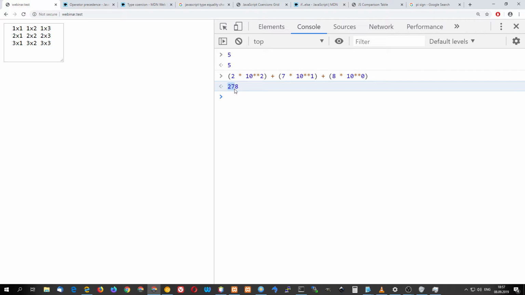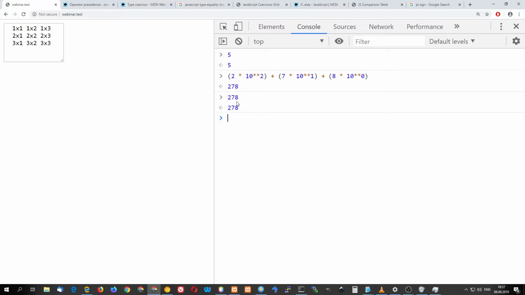And I have 27. If I divide 27 by 10, I get 2, and the remainder is going to be 7. If I divide 2 by 10, I get 0, and the remainder is going to be 2. This is how we can compute the numbers.